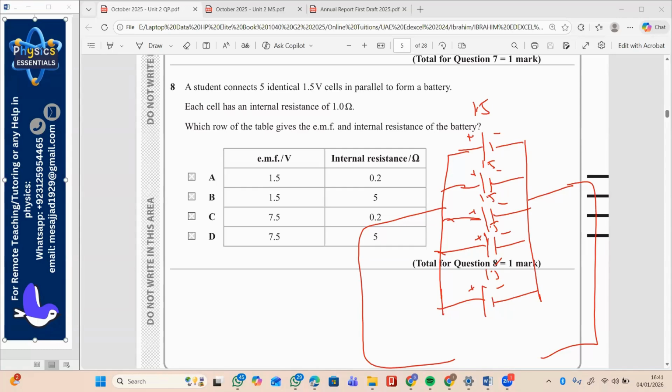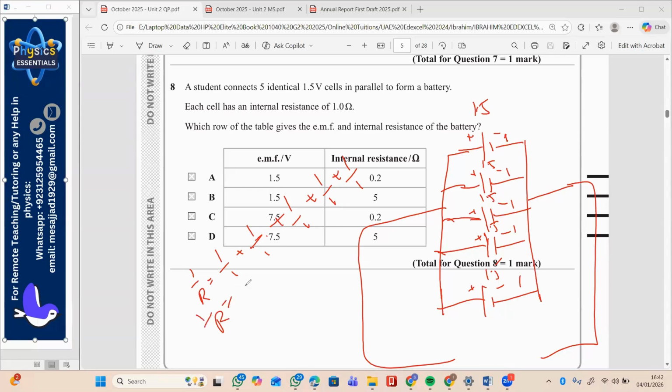However, every battery has a small internal resistance as well, and you can easily see that these 5 internal resistances are connected in parallel as well. So for this combination, the total resistance will be added up just like any other resistances, and for that you have to do this: 1 over 1, 1 over 1, since we know that parallel resistances are added in that way.